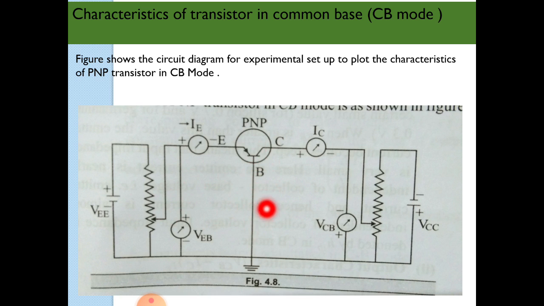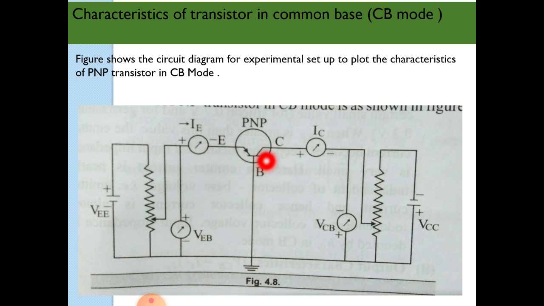You can see the base terminal is common for this input terminal and also for this output terminal. Okay, so it is grounded and neutral in nature. When we apply the input voltage, the input current is transferred from the emitter region to the base region, but the base is neutral in nature.